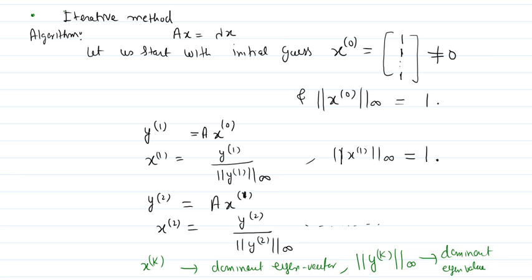So in that way, by repeating the procedure, we can find both eigenvalue and eigenvector, and that eigenvalue will be largest in magnitude. And since this is an iterative method, we will put a stopping criteria.